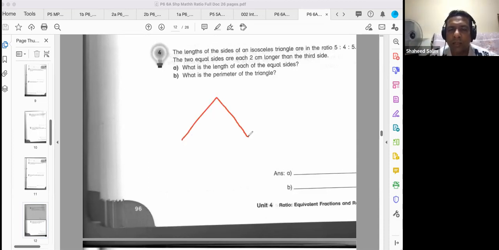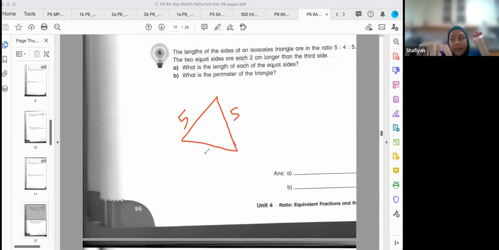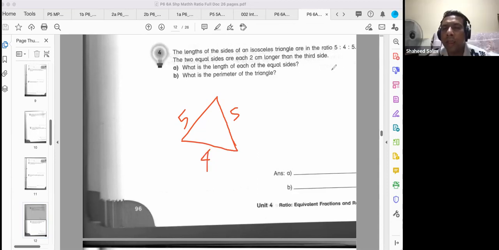So let's say these 2 sides are the same. So this is 5 units, this is 5 units, and the last one is 4 units. And then they tell you that the longer side is 2 cm longer than the shorter side.